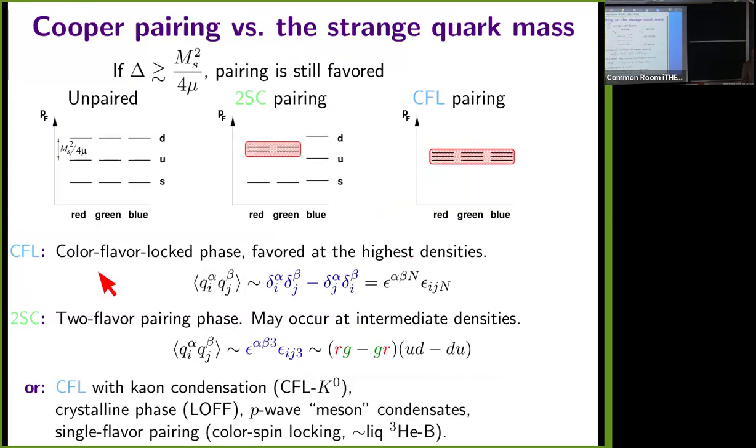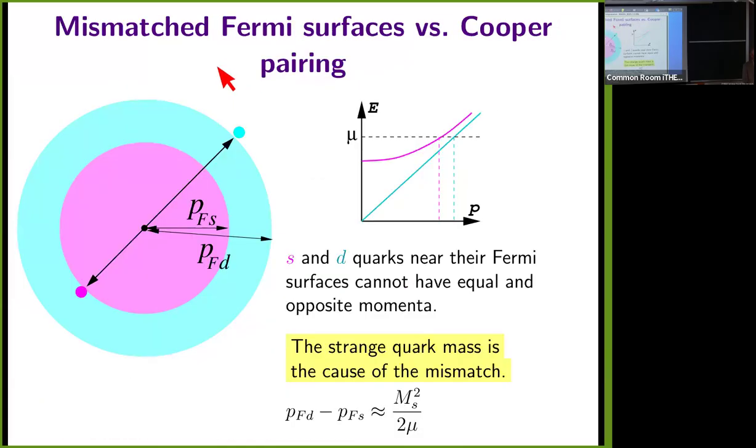So you have this sort of battle. So remember the mismatch goes like ms squared over 2 mu. Let me go back to the previous slide a second. The mismatch goes like ms squared over 2 mu. So if you turn up the density really high, then this isn't going to matter anymore, right? If the density is really high, then the Fermi momenta are going to become similar again because the strange quark mass is negligible compared to the Fermi energy. But if you're at lower density, then this becomes more noticeable.